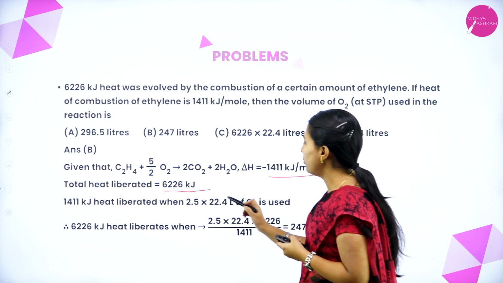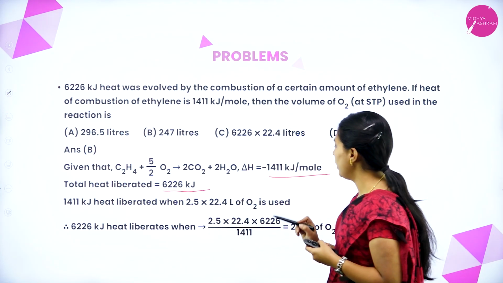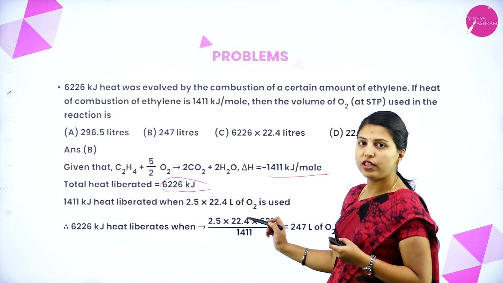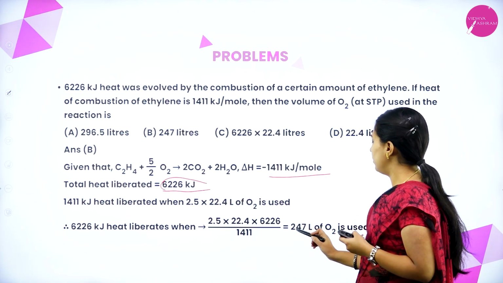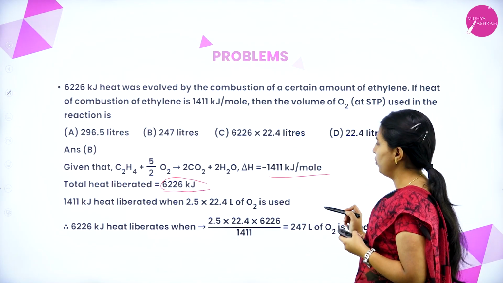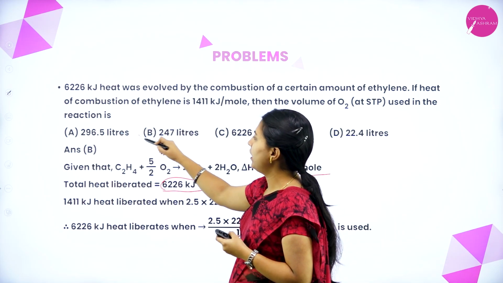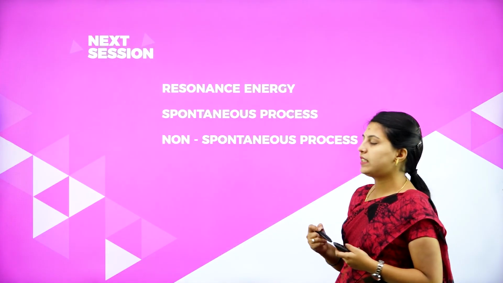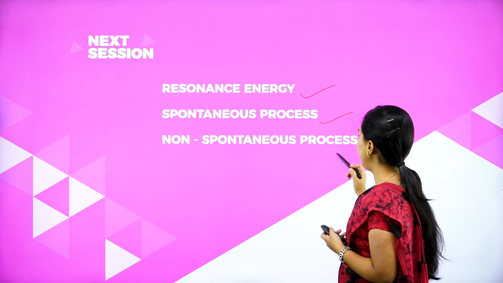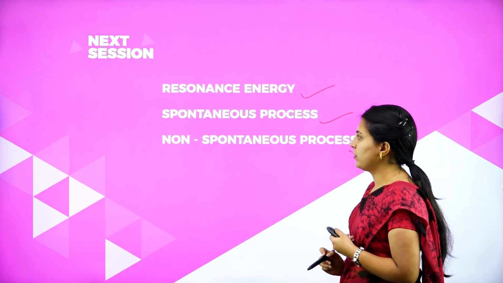For that you have to do 2.5 into 22.4 into this amount of total heat divided by 1411, that means 247 liter of oxygen is used. So which is the option? B is the option. So in the next class, we will discuss resonance energy, spontaneous process and non-spontaneous process.